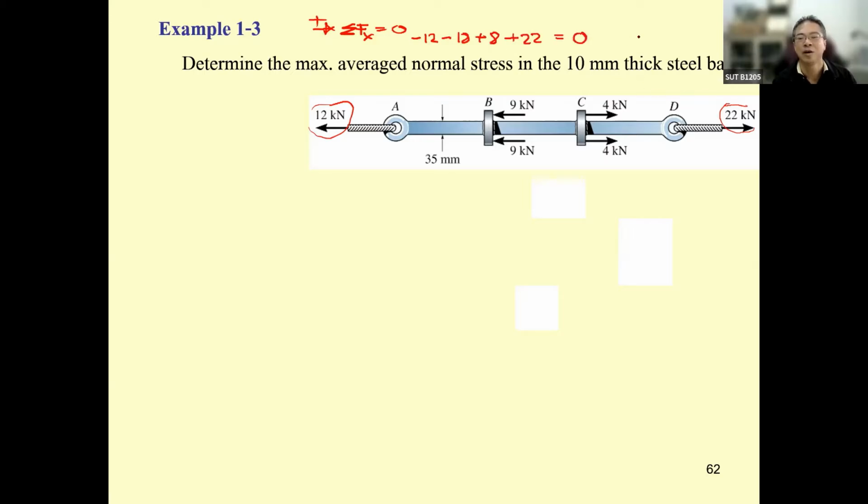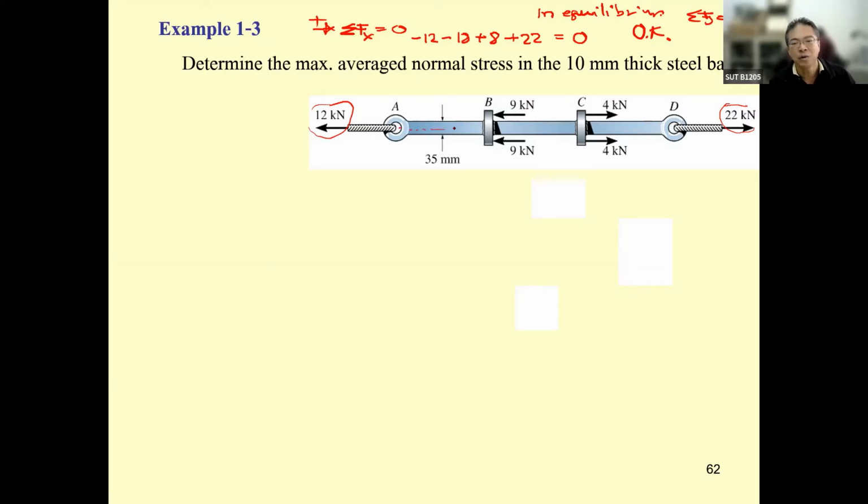This is 0, so it is correct. Okay, it is in equilibrium. If you check summation of F sub y equal to 0, they didn't consider the weight of this, so it's automatically correct.